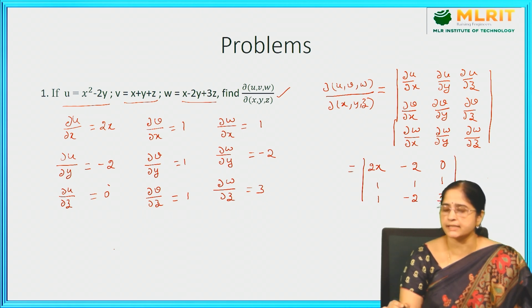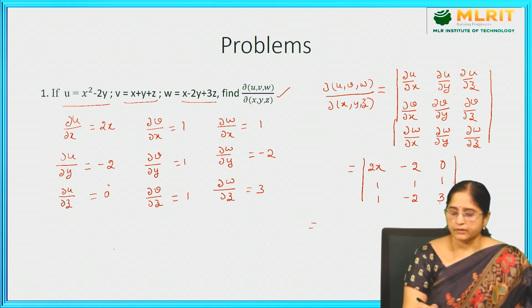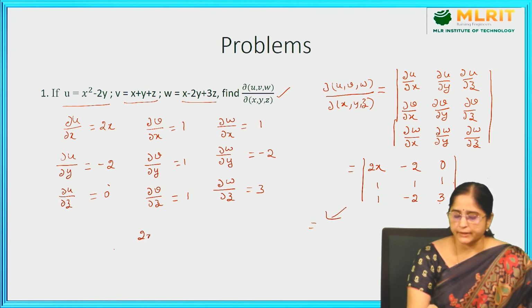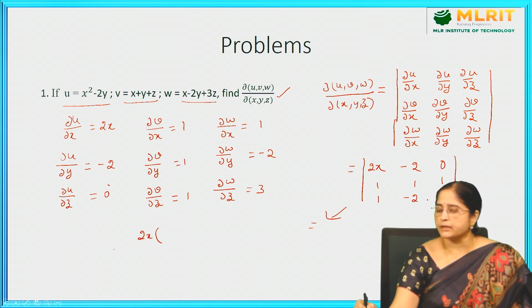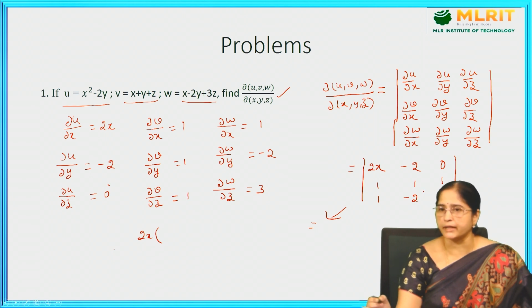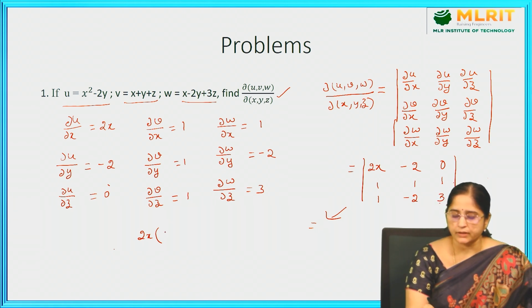So expand this determinant, we will get 2x into the determinant of this 2 by 2 matrix, 1 into 3 minus 1 into minus 2. So 3 plus 2 is 5.